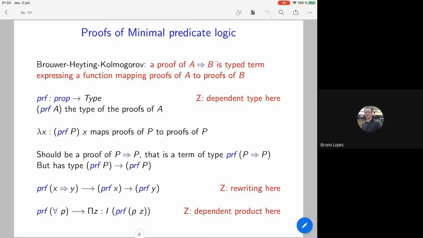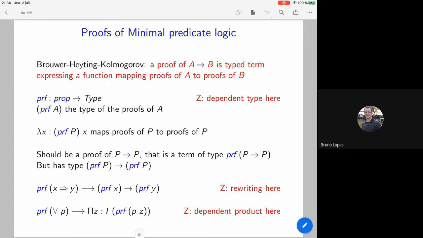And we are saying that this type, proof of X implies Y, rewrites, computes, transforms to this functional type, proofs of X, arrow, proofs of Y. In this way, we see that the term lambda x, x, where x is a variable of type proof of P, is indeed a proof of P implies P, that is a term of type proof of P, arrow, proof of P.